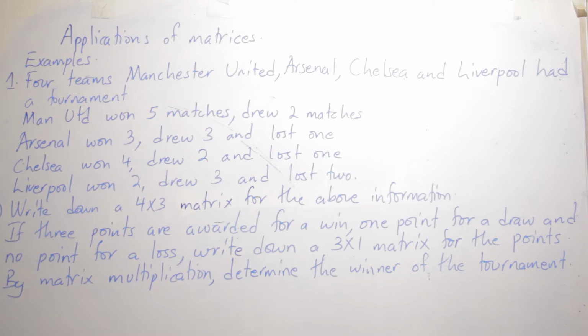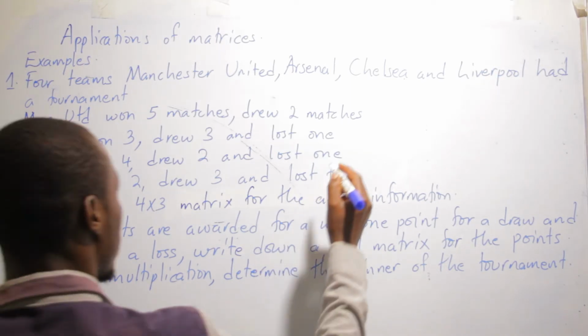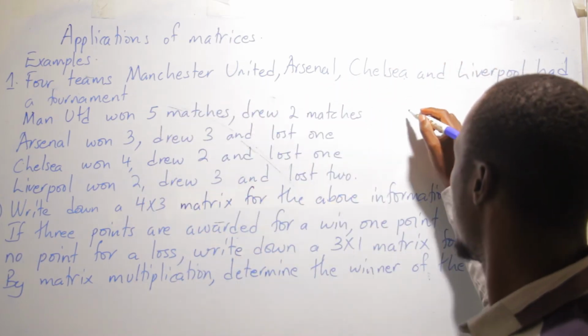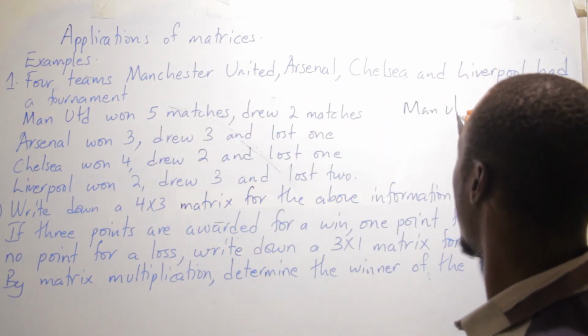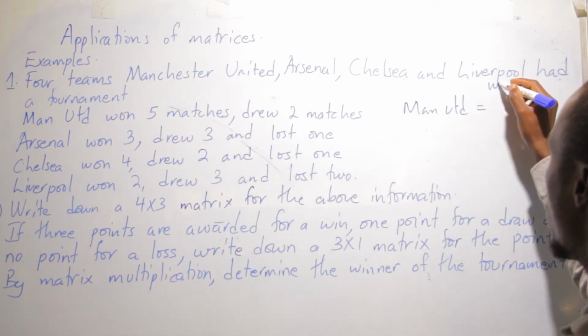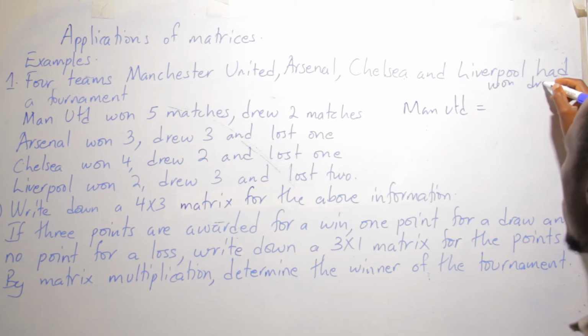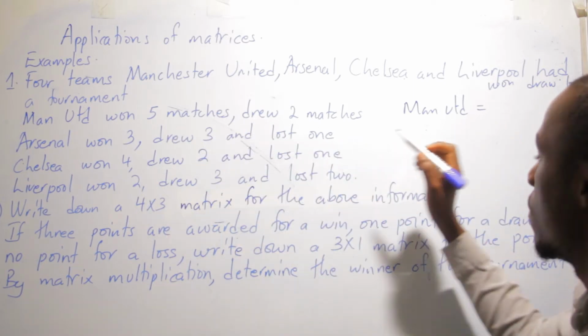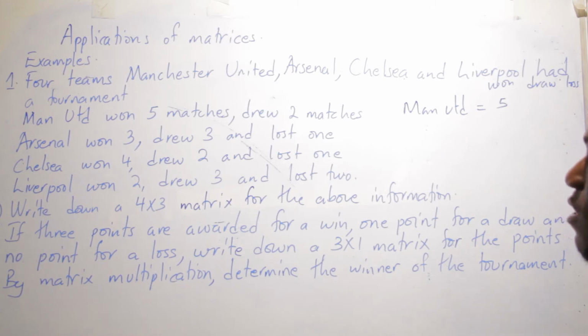Now, from the matches that have been given and the clubs, we are seeing the matches that they won, the matches that they drew, and the losses. So Man U had 5 wins and then drew 2.